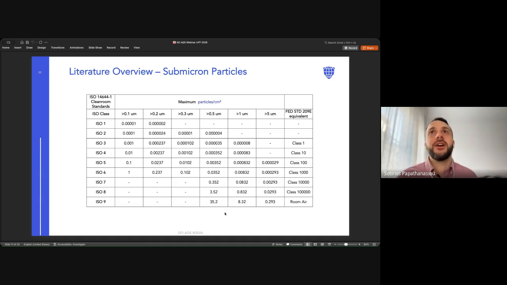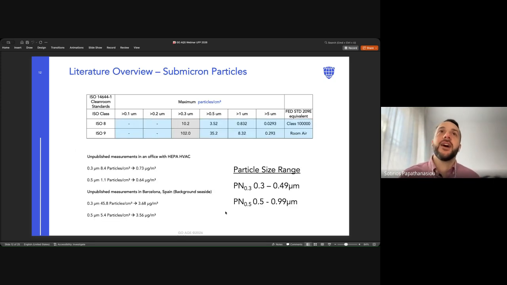Here I have converted the values to particles per cubic centimeter in order to make them a little easier to understand. Then I just focused on the last two ISO classifications, or as the US standard says, the last two classes. So for ISO 9, for example, extrapolating with the similar logic the ISO committee has used for the different tiers, those are the values that they are proposing, more or less, right?